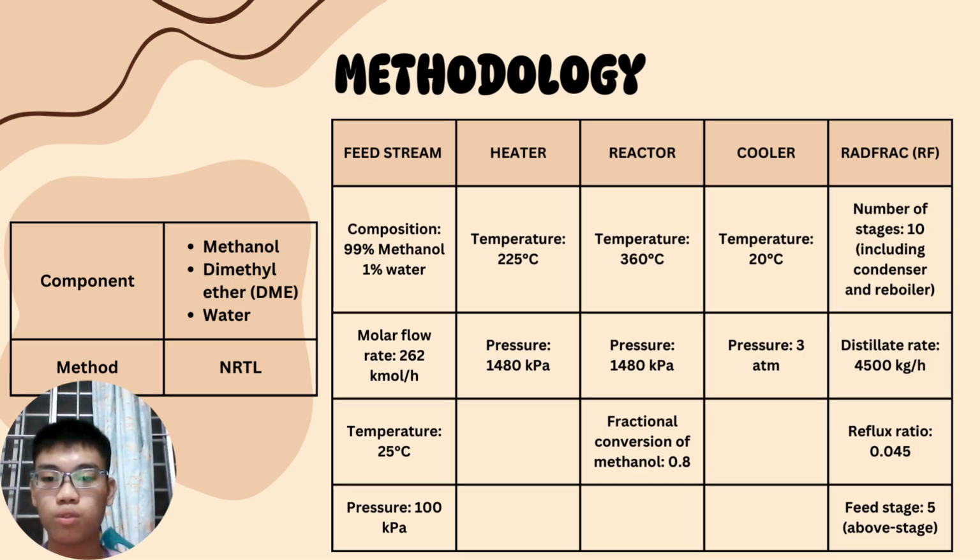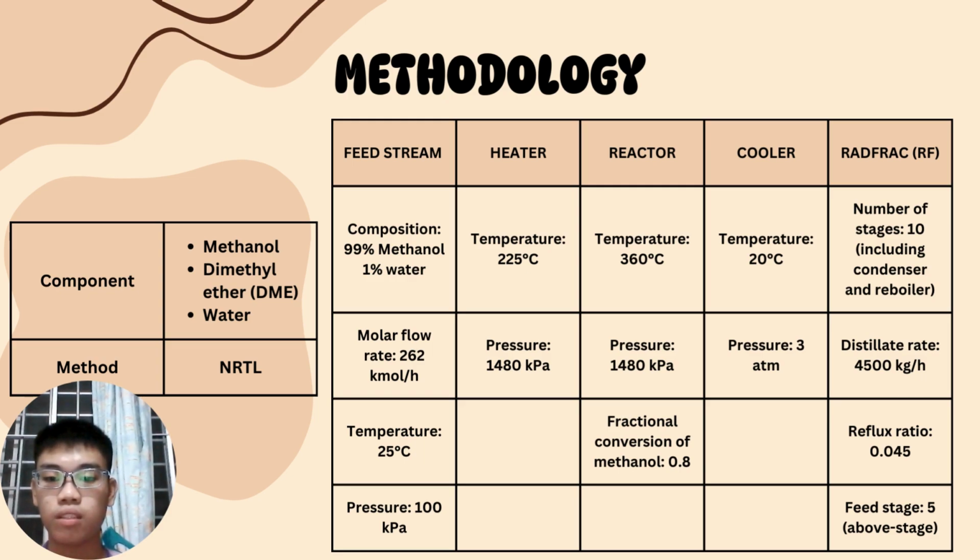The heater used to preheat the feed material was operated at 225 degrees Celsius and 1480 kilopascal. The reactor where the dehydration reaction occurred was operated at 360 degrees Celsius and 1480 kilopascal. The cooler used to cool the reactor product was operated at 20 degrees Celsius and 3 atm.